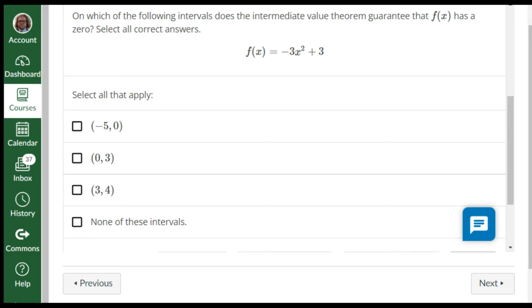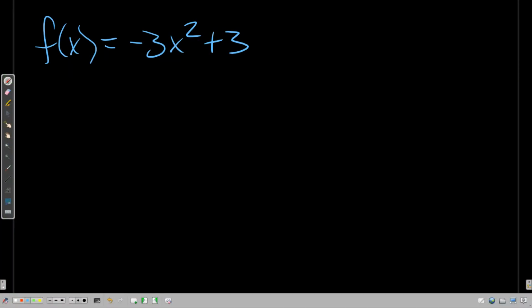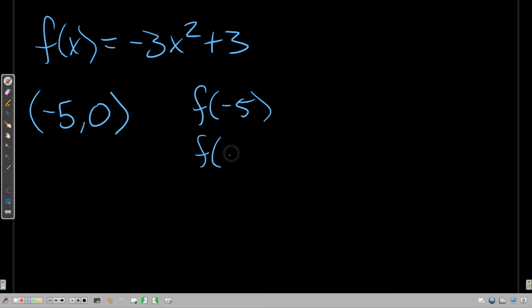So here is my function, and the first interval for us to try out is this one. So I want to check f of -5. I want to check f of 0. I want to know what the signs are.